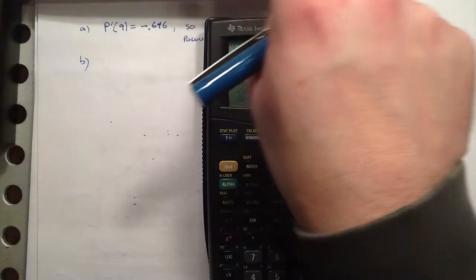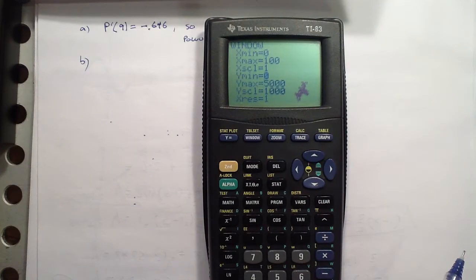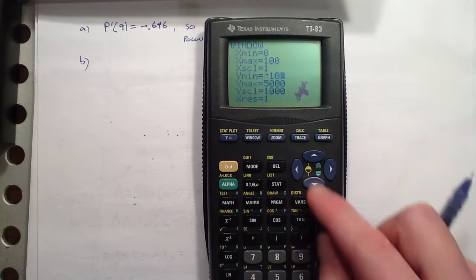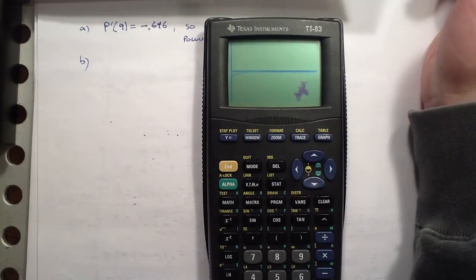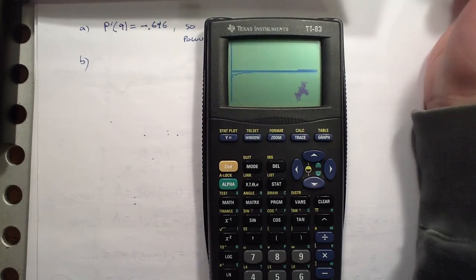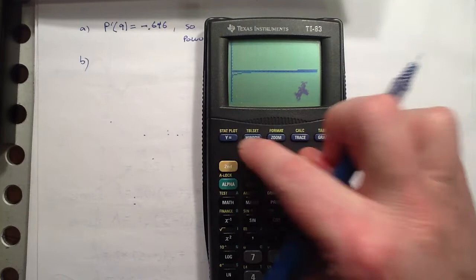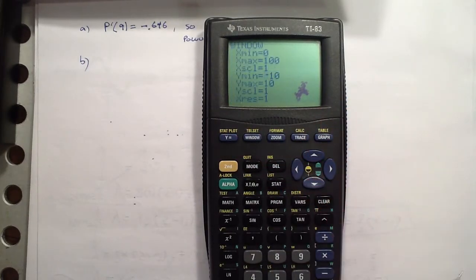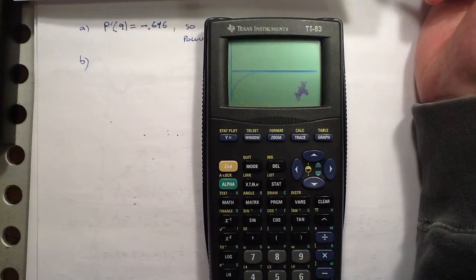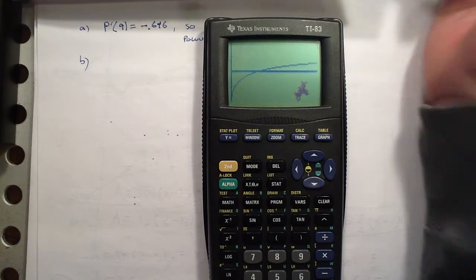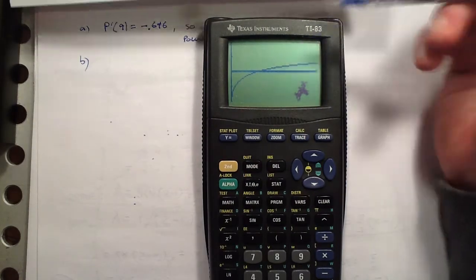And these are going to be pretty small numbers, so let's just go to our standard window and see how that looks. Our standard for the y's, anyway. All right, that's much closer to that axis, so I think I want to go back and make those smaller. Let's go like negative 2 to 2. Okay, now remember what we just graphed.